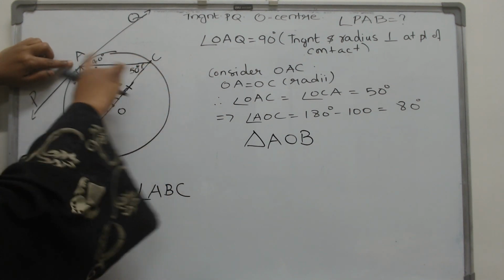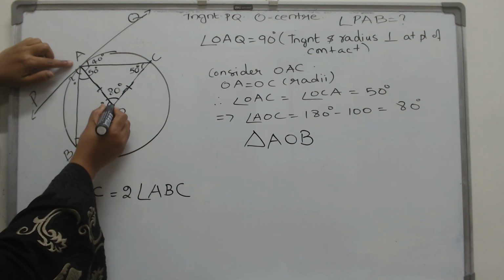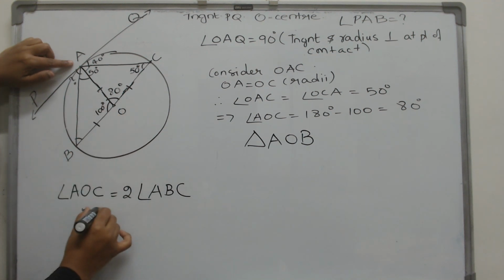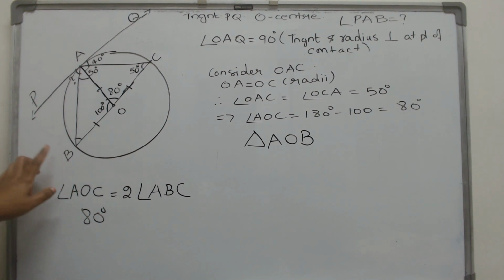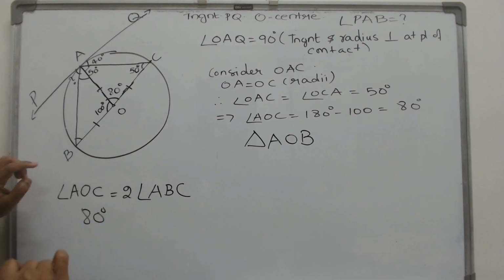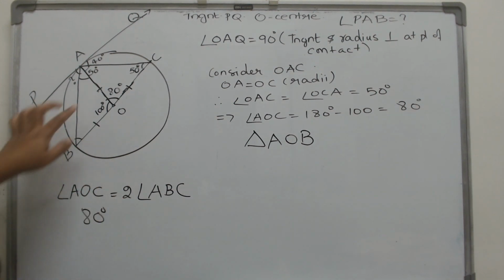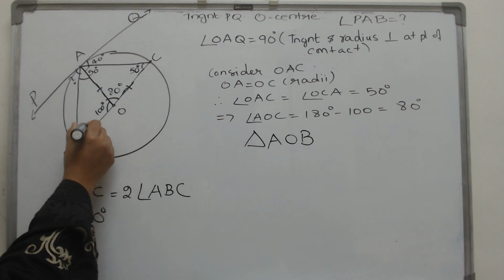You see this arc AC, it subtends an angle of 80 degrees at the center, which means at any other point, we need B here, but at any other point in this part of the segment, the angle will be half of 80, which means what? This will actually be 40.